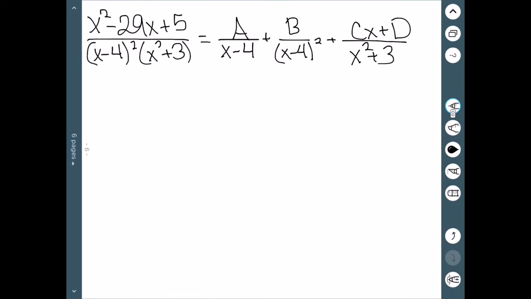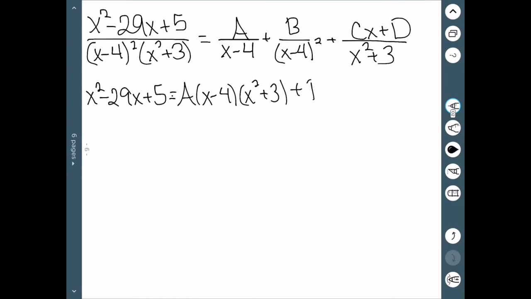If we multiply by the denominator, we have x squared minus 29x plus 5 is equal to a times x minus 4 times x squared plus 3, plus b times x squared plus 3, plus cx plus d times x minus 4 squared.